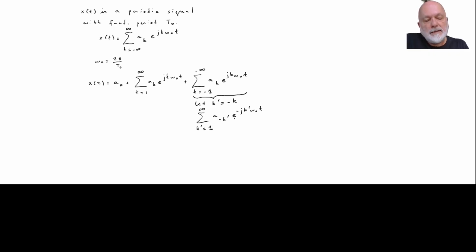We can call it k. So we can change k prime to k and write x of t in the following form: x of t is equal to a0 plus the sum over k from 1 to infinity of ak e to jk omega 0 t plus a minus k e to minus jk omega 0 t. Okay, so we have expressed the Fourier series in this form.